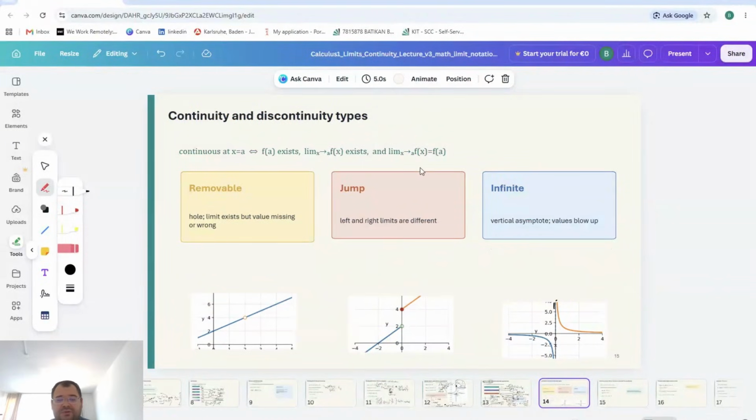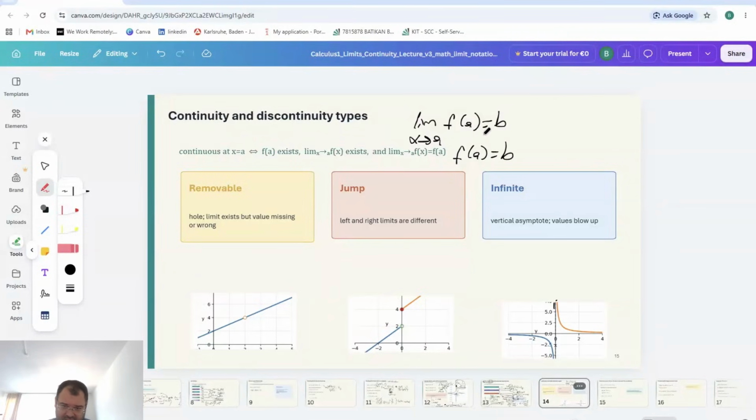A function is continuous if and only if you have a limit of that function. Assume that when limit x goes to a certain value a, you must have this limit value, let's say equal to b, and you must have f(a) which is equal to b. Only if those two are true, you can then say that the function f(x) is continuous at a.